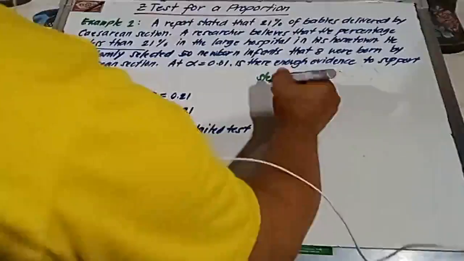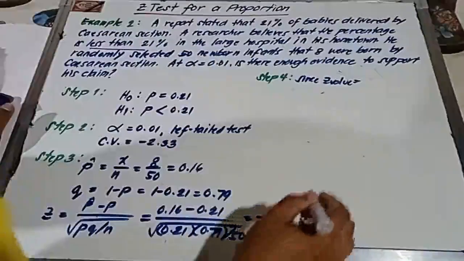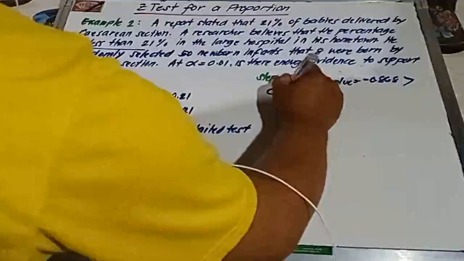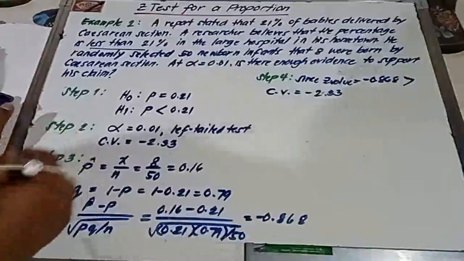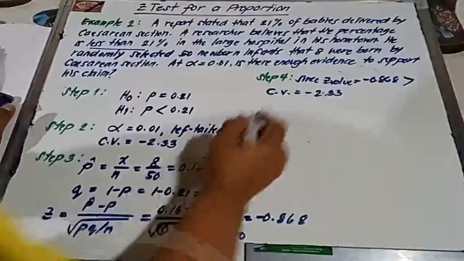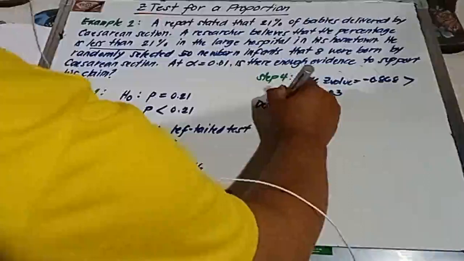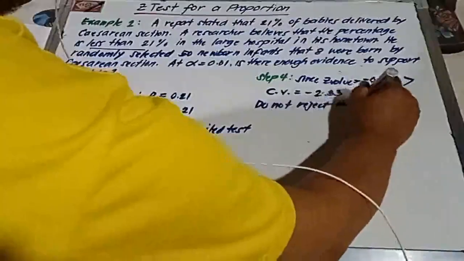So therefore, since yung ating computed z value equal to negative 0.868 is greater than our critical value, which is negative 2.33, we're not going to reject the null hypothesis. Do not reject the null hypothesis.